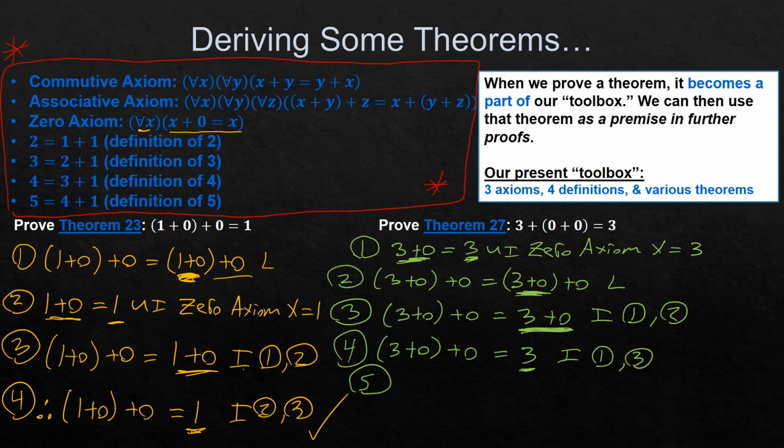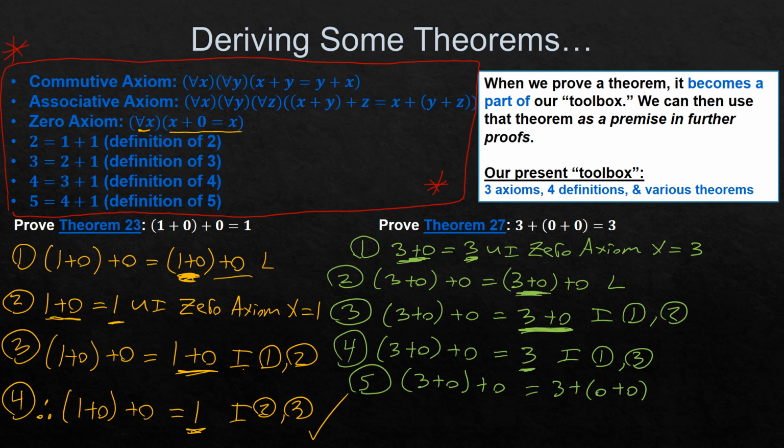But now, because we want the parentheses grouped up correctly, we can use the associative axiom. So let's instantiate that with x being 3 and y being 0 and z being 0. So we have (3 + 0) + 0 is equal to 3 + (0 + 0).